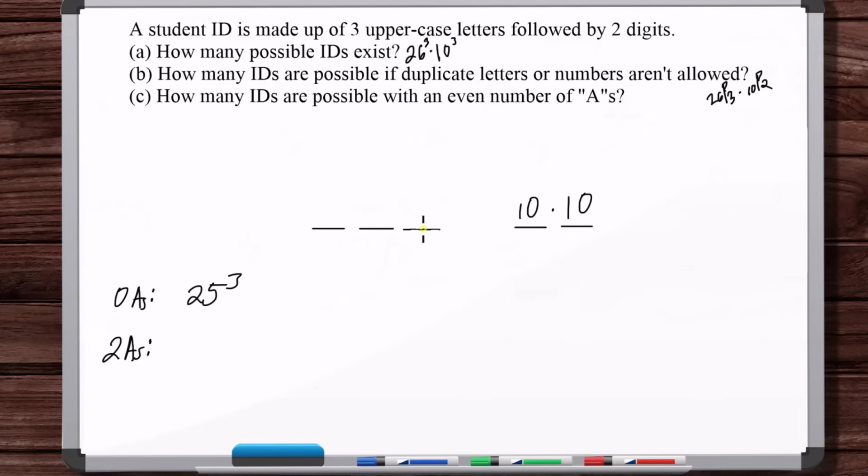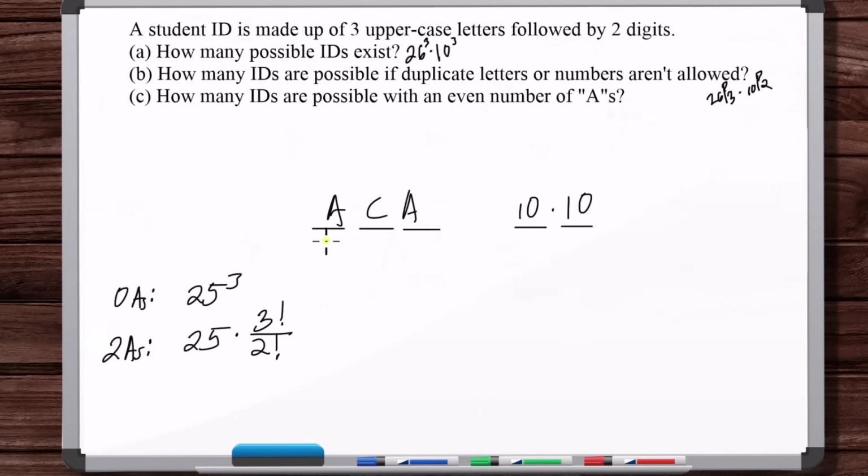We can choose from 25 letters for one of the slots, like we could put a C here and the A's elsewhere. But then what about the rearrangements? We need to multiply this by 3 factorial over 2 factorial, the total number of ways we can arrange these 3 letters.